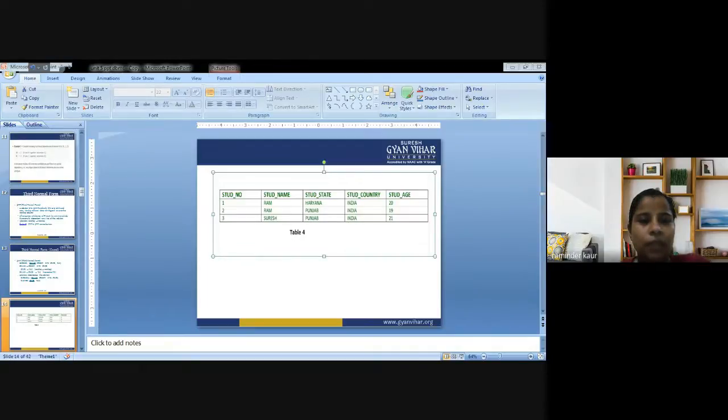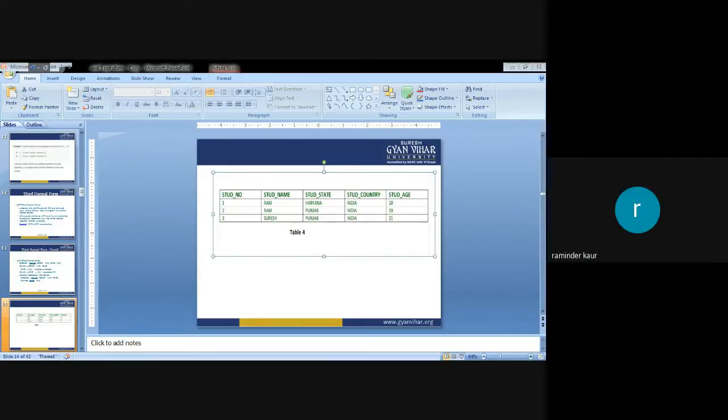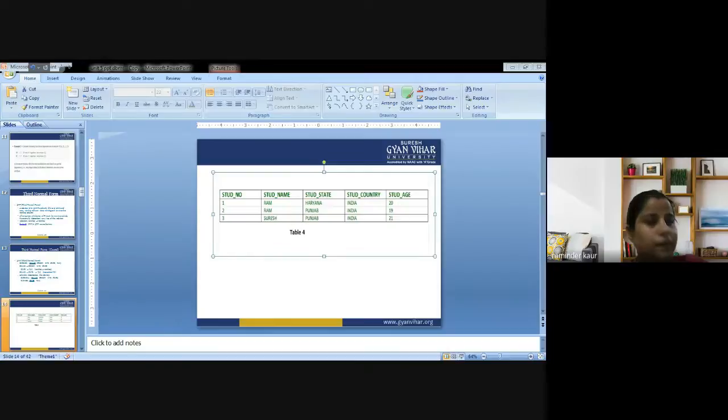But state and country could be associated with state and country. Now this is satisfying all the conditions of the third normal form.